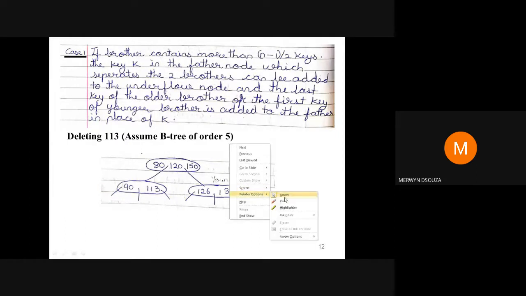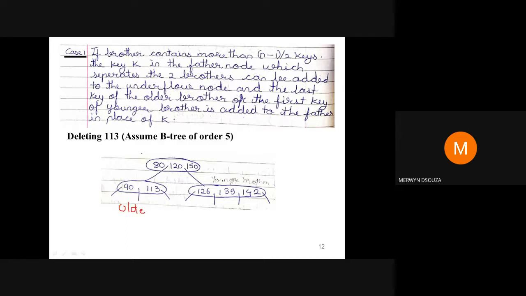basically just read this. When you're having 2 leaf nodes here, the first leaf node will be known as the older sibling or older brother, and the second one will be known as the younger one.